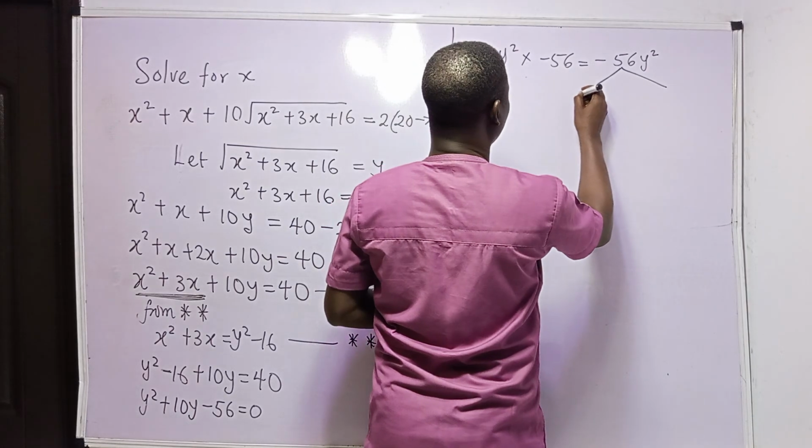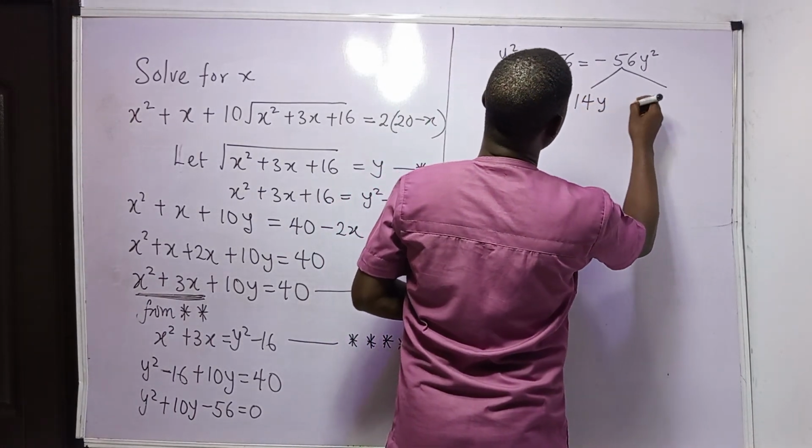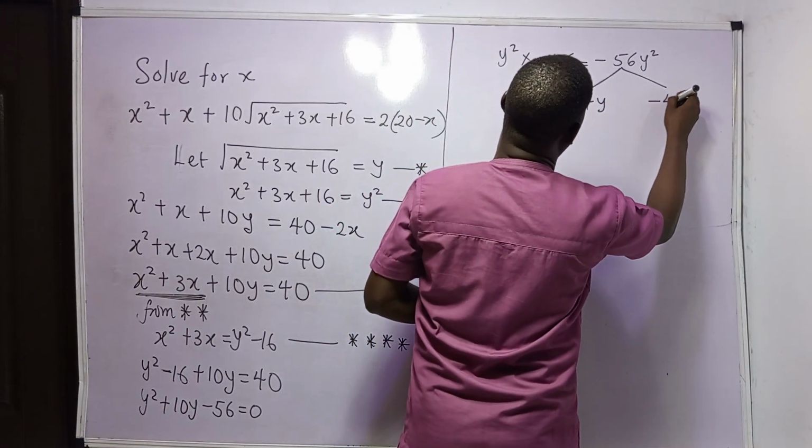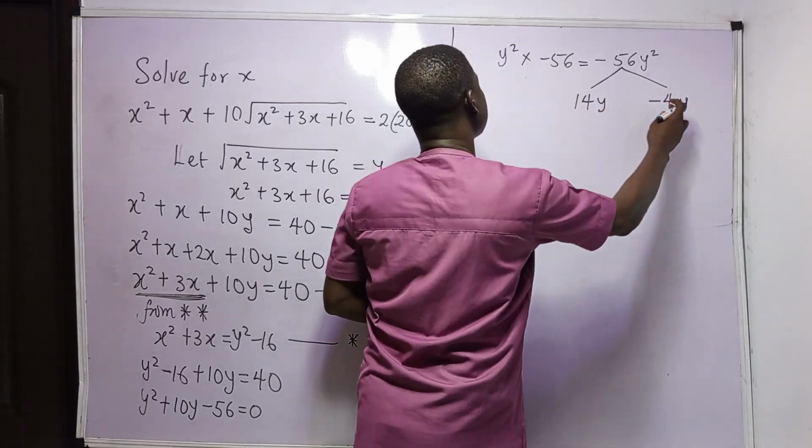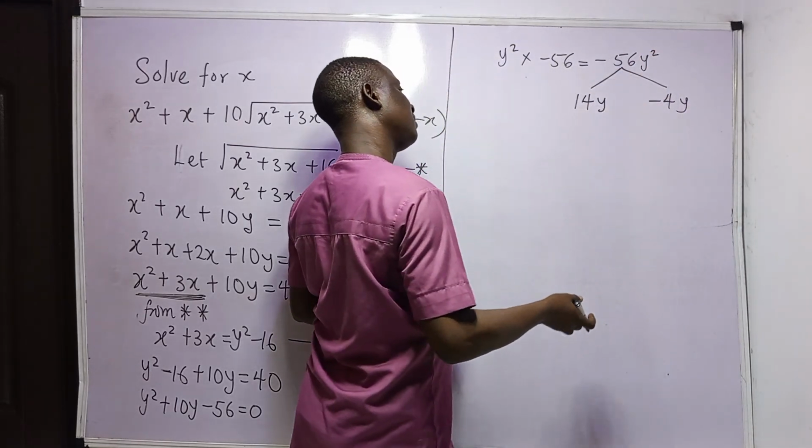So I will go with 14y and minus 4y. 14 times 4 is 56.